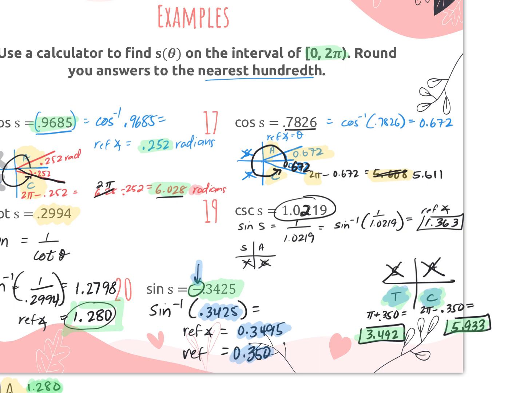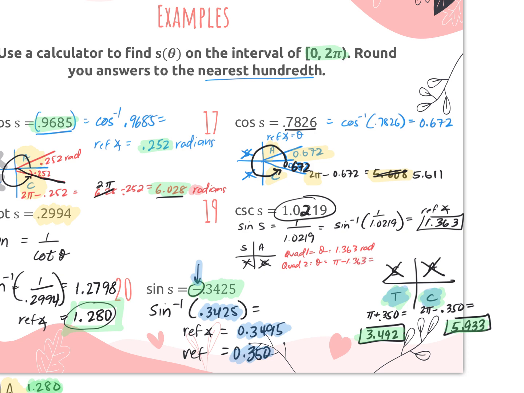In quadrant 1, theta is going to equal the actual reference angle, 1.363 radians. In quadrant 2, theta is going to equal pi minus my reference angle, 1.363.